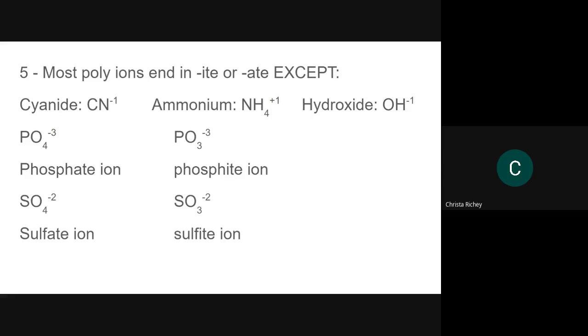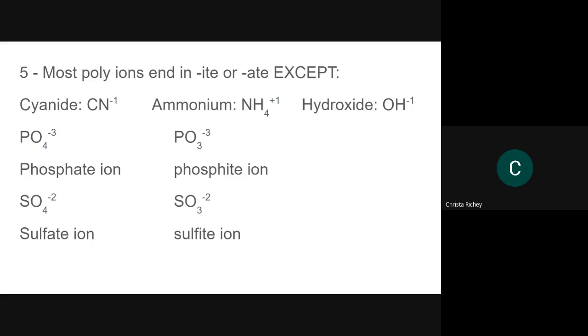And then I don't know why I didn't put all these in here. On yours, because I'm pretty sure I didn't put it on the board, you have NO3 -1 and NO2 -1. They are named after nitrogen. So which is which? One is an -ate and one is an -ite. Which is which on your paper?